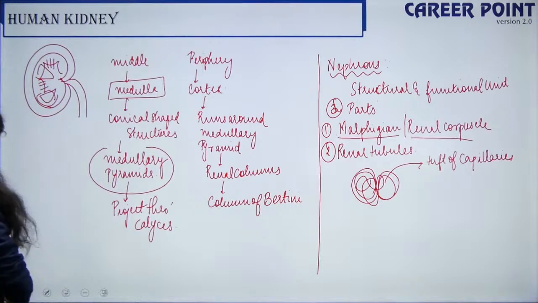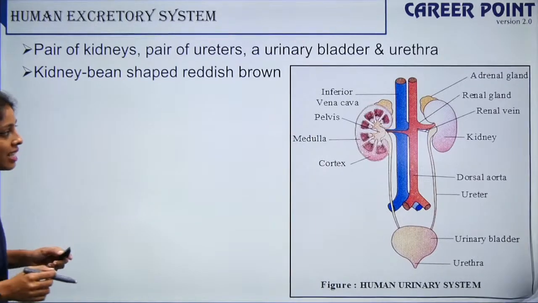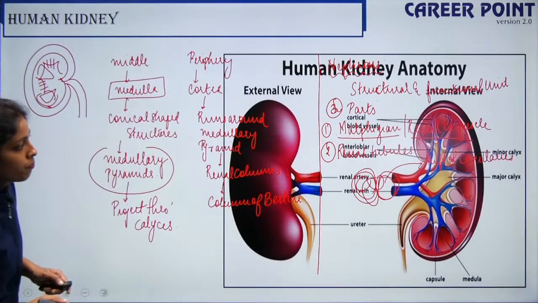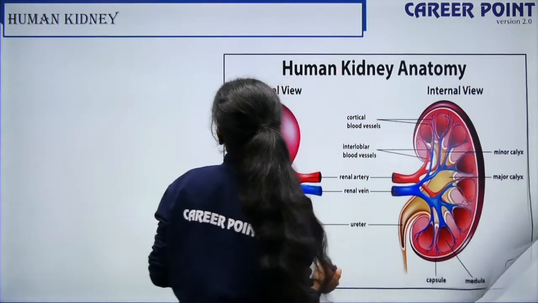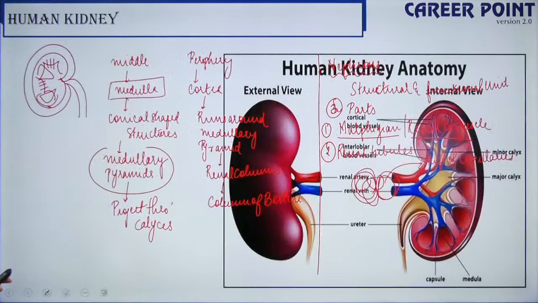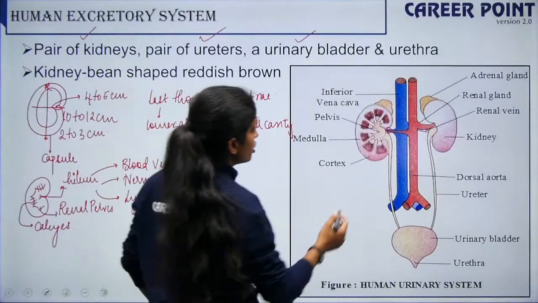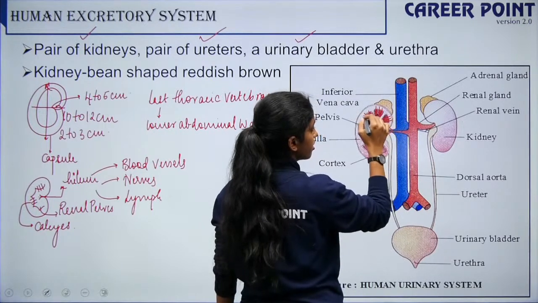So we know the renal pelvis, right? This funnel shaped structure is the renal pelvis, and it has projections. The lines that I have drawn are the calyces. Let's look at the previous picture. Can you see structures like this on the medullary pyramids?